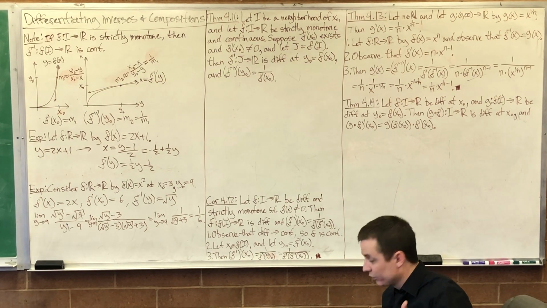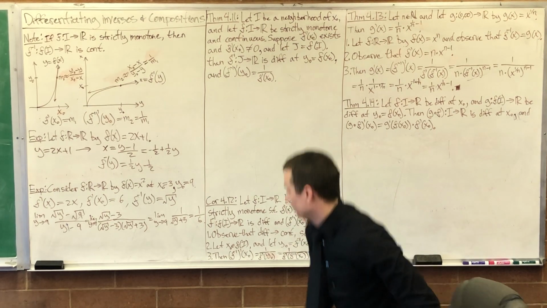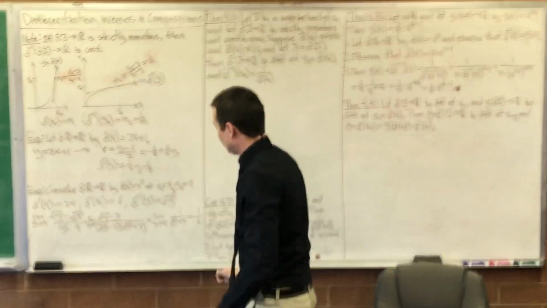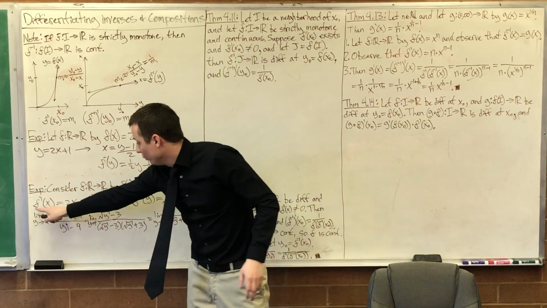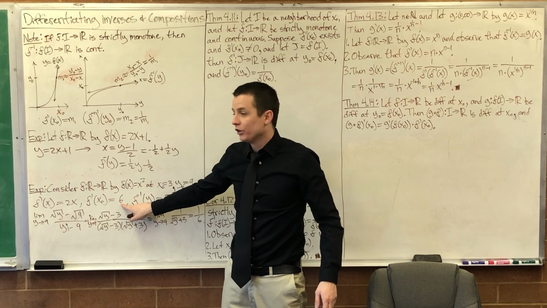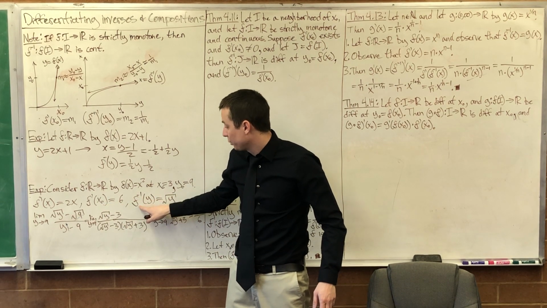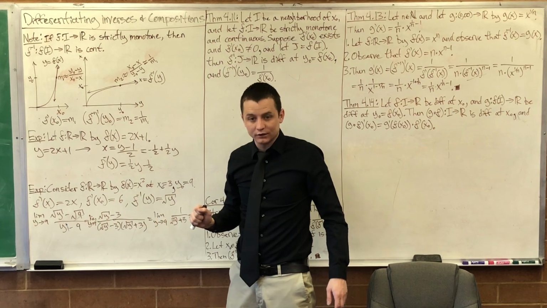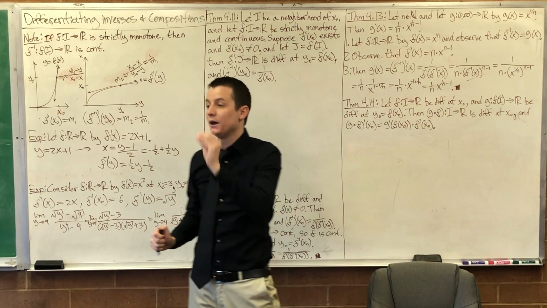Now here's where you're most likely going to get confused when you do these problems. You're going to say, okay, when I did f prime at x naught, I got 6, so when I do f inverse prime at x naught, I should get 1/6. Remember, it's f inverse prime at y naught.